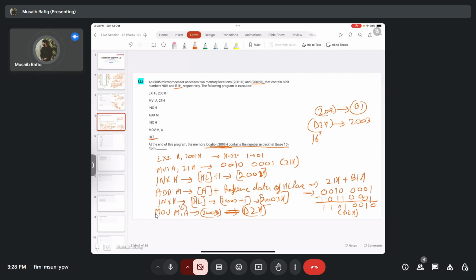No, it will not be 16 square, it will be 16 multiplied by 13 plus 16 multiplied by 0 plus 2. So 16 into 13 will be 208, plus 2, that is 210, and this is in decimal. So the answer is 210.